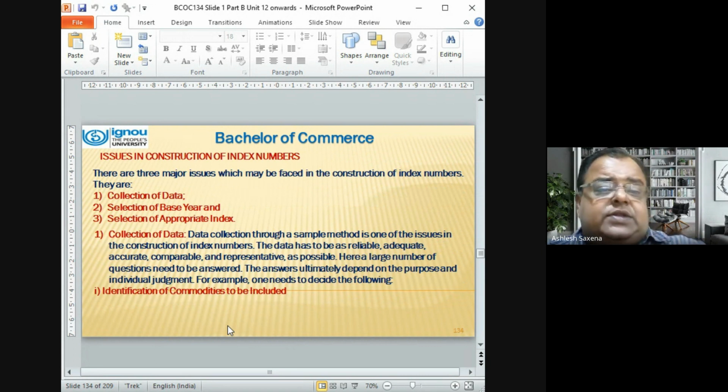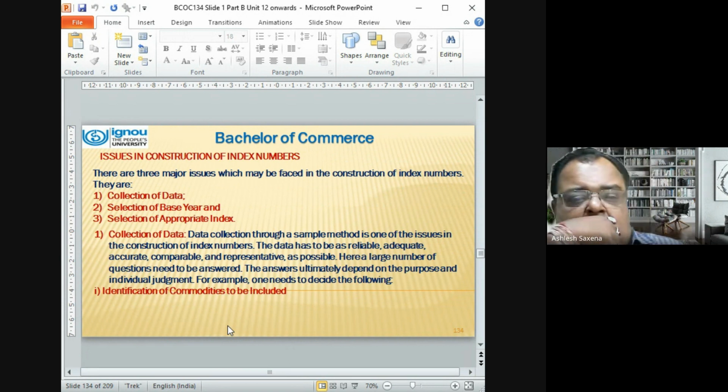Issues in construction of index number. There are three major issues which may be faced in the construction of index number. They are: first one, collection of data; second one, selection of base year; and the third one, selection of appropriate index.